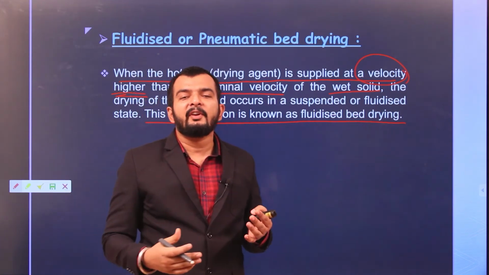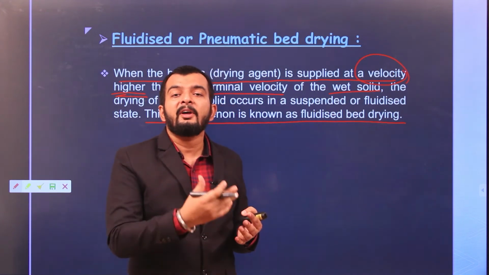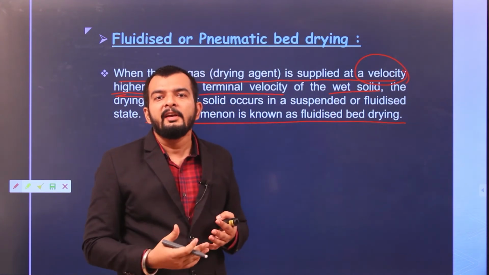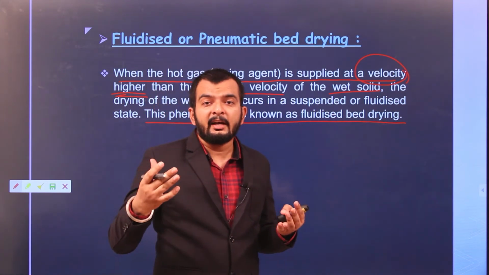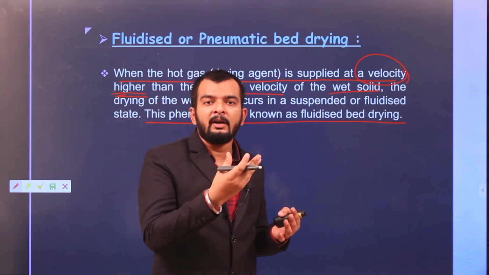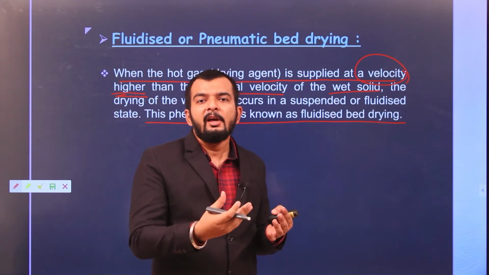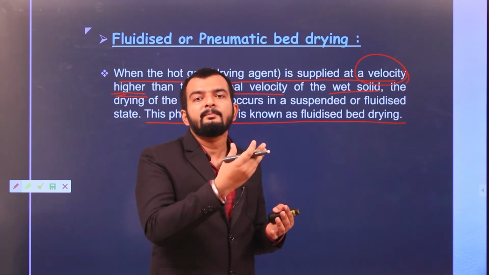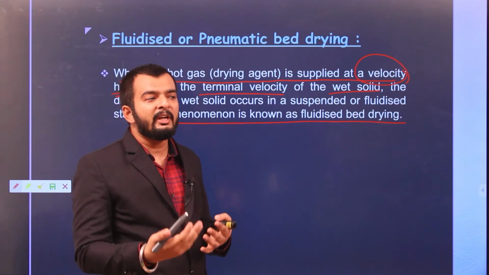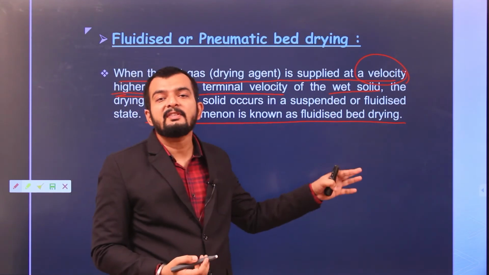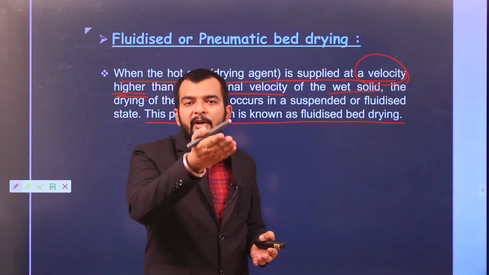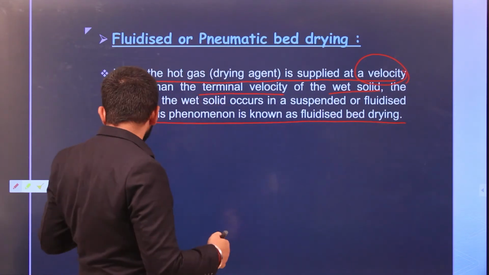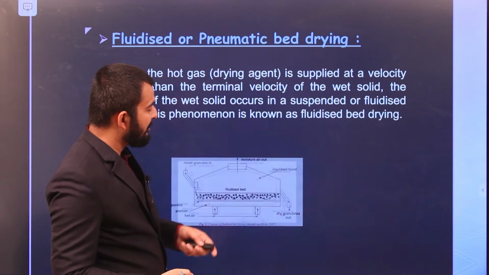So hot gases or drying agent is being passed through this perforated bed at a velocity high enough that the force which this hot gas or air will exert will be equal to the weight of the grains, or even more than that. If this happens, the grains will start to float. They will be lifted off the ground and they will form a sort of fluidized bed.